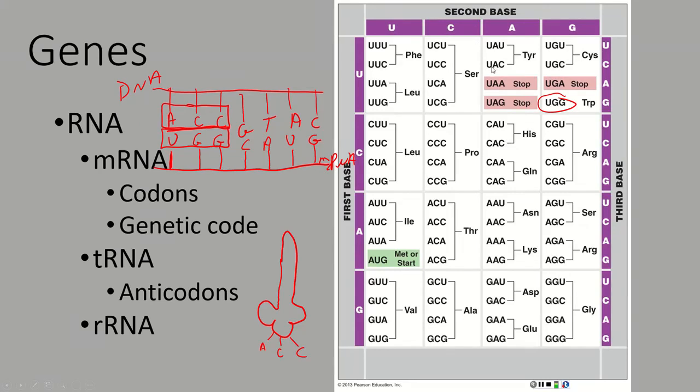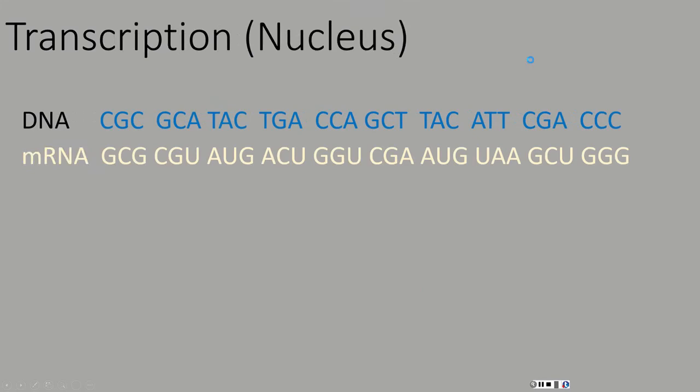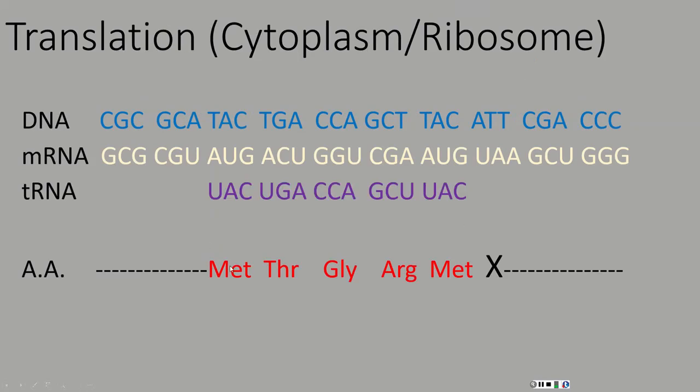But if I look up UAC, that's tyrosine. That is not methionine. So to make sure that I don't accidentally look up the tRNA on my chart, I add that step in last. That way I only look up the messenger RNA, lay down my amino acids, and get my primary structure. You can do it in any order that you want. I just do it that way because it keeps me from making mistakes.